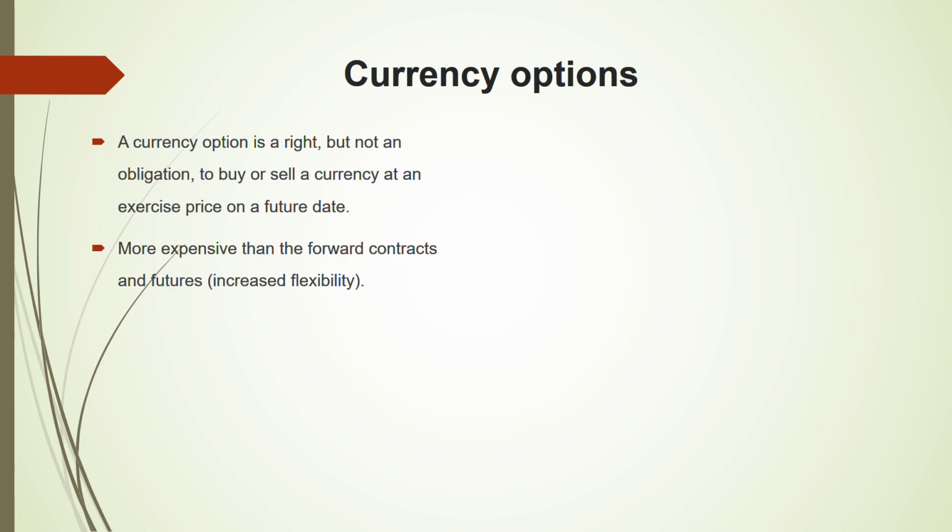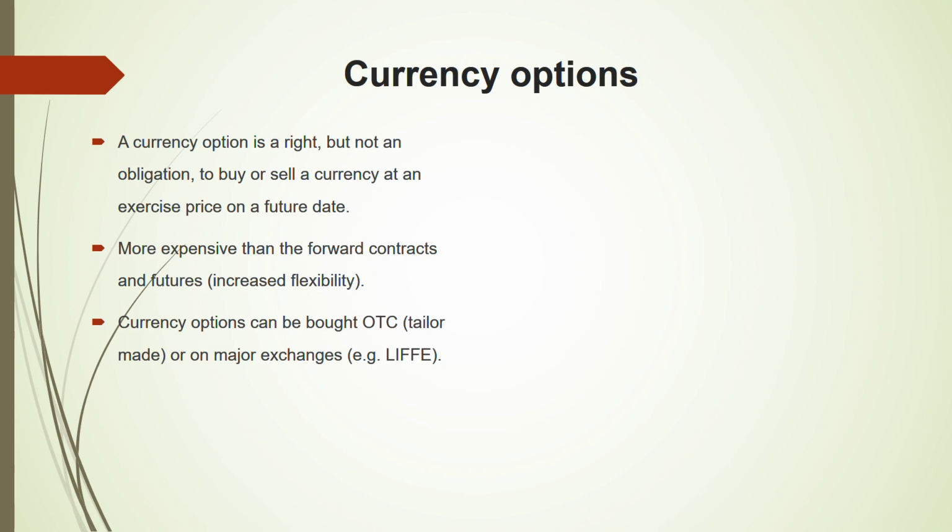If you have a gain in the spot market, in the future you'll have a loss. It's opposite, so it offsets. The gain from one market and the loss from the other offset each other. Hence the overall risk is reduced. Option is not like that. If it goes downward, hedge. If it goes upward, take the advantage by not exercising the option.